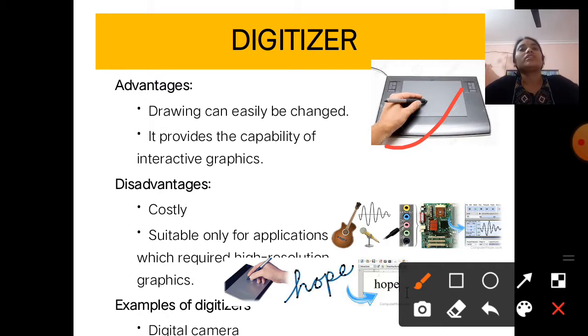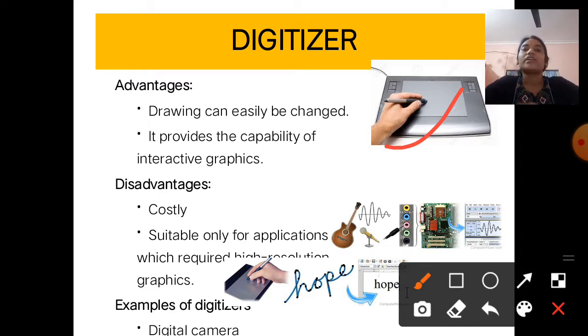What are the advantages? Drawing can easily be changed. It provides the capability of interactive graphics. And disadvantages? It is costly, suitable only for applications which require high resolution graphics.